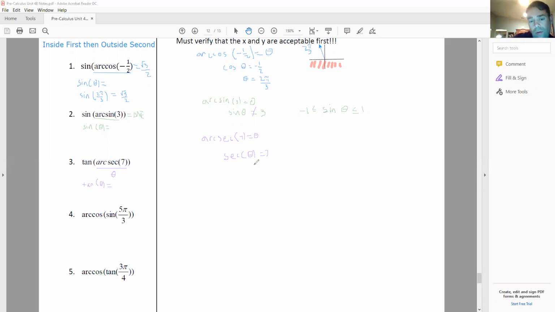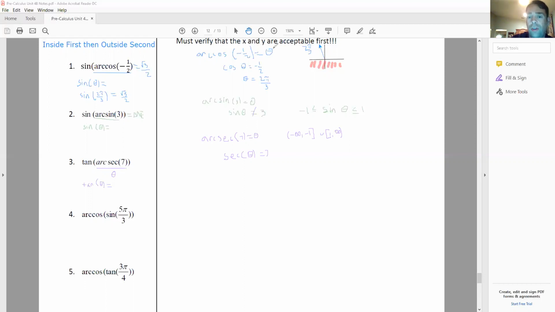Because remember, for these values, for arcsecant and arccosecant, our y values can either be from -infinity to -1, or from +1 to infinity, because they are the reciprocal of sine and cosine.